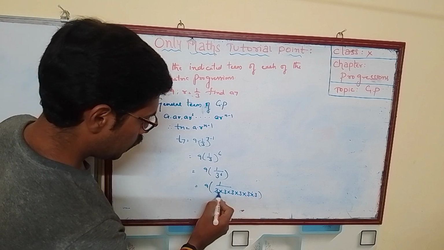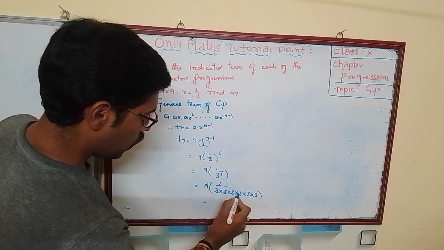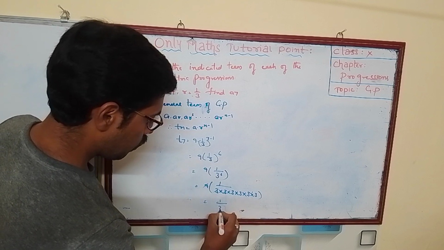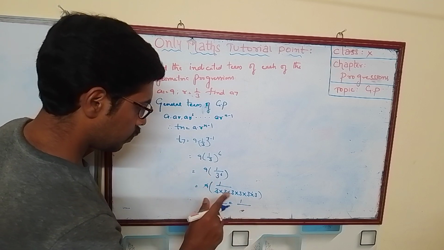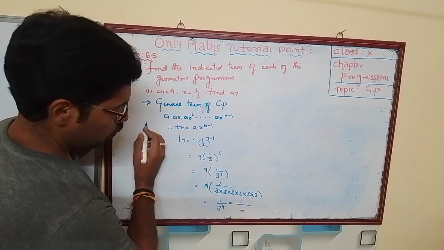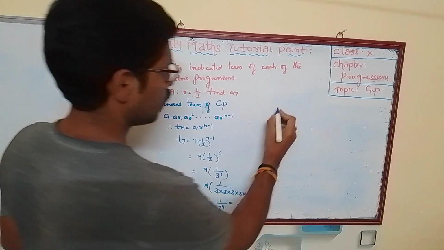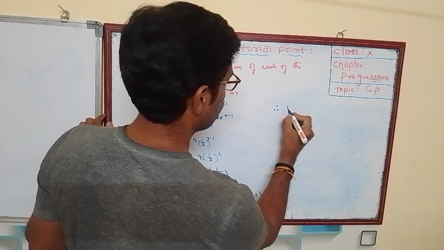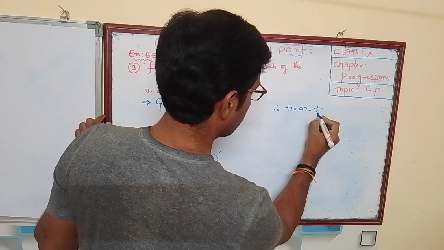So 3 3 is 9, and this 9 gets cancelled. So we get 1 by 3 power 4, that implies 1 by 81. Therefore T7 or a7 equals 1 by 81.